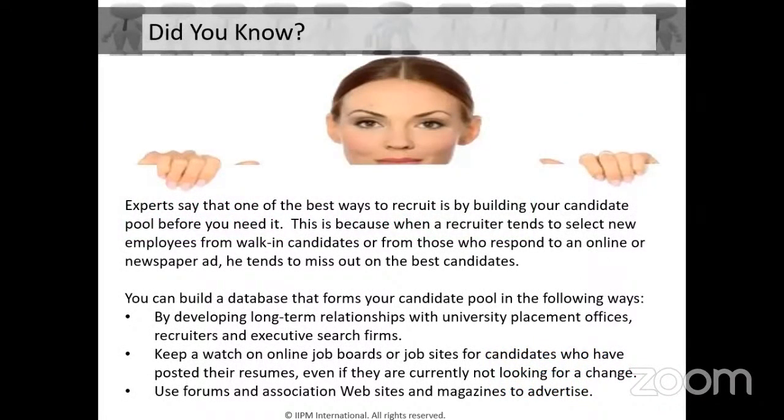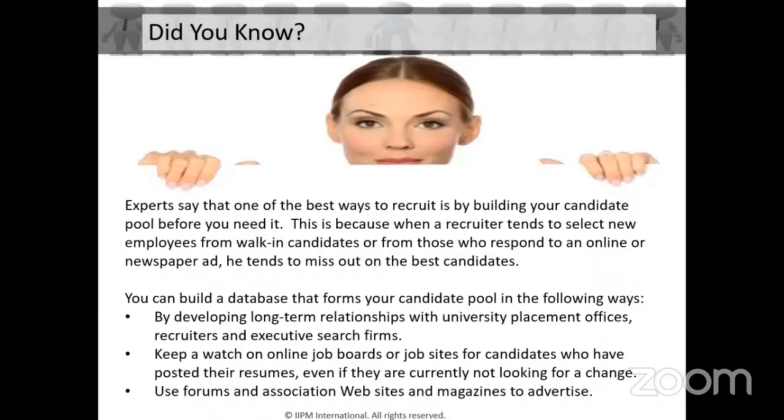Which one do you prefer to use? Sometimes there is no one-size-fits-all approach. Sometimes you might need to use a combination of two or three different approaches. But in it all, what is most important is that you're able to find the right person for the right job.